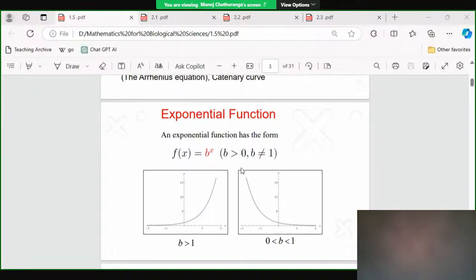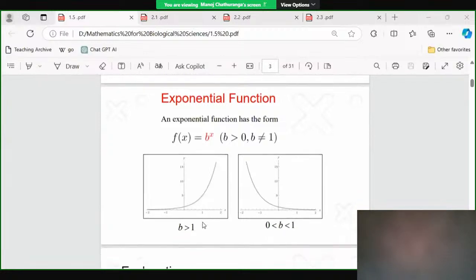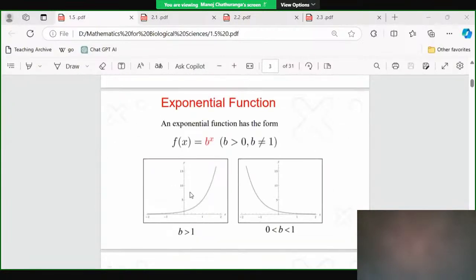So we have two cases. First one is the base can be a number between 0 and 1, and the base can be a number bigger than 1. So we have two choices. And these two choices are not that different. Let me show you an example.